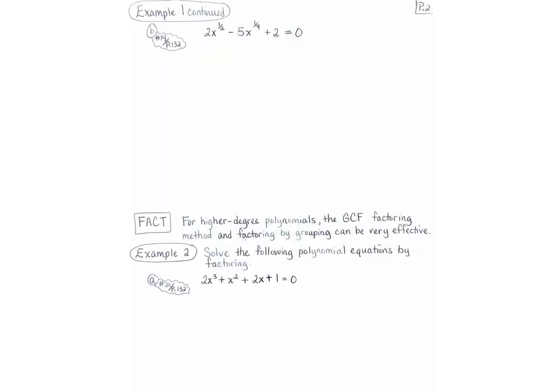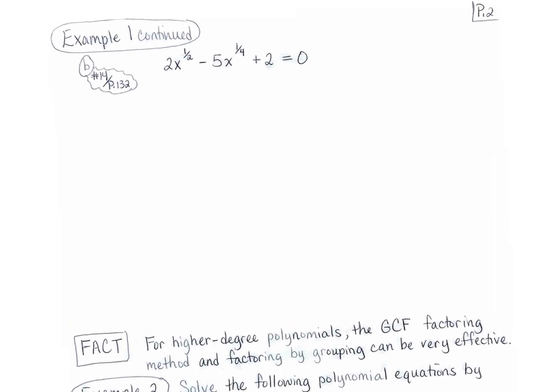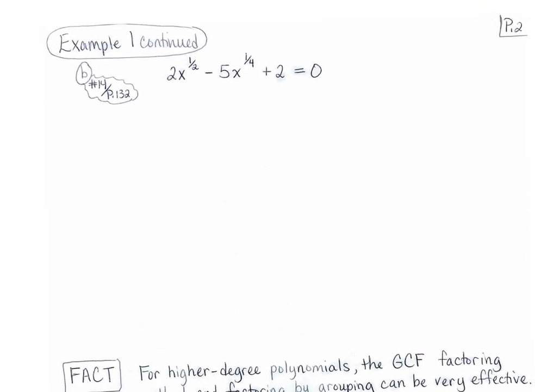Another equation, quadratic-like, but doesn't look like it yet. We have 2 times x to the 1/2 minus 5 times x to the 1/4 plus 2 equals 0. Now, this may look a little different because you have fractions as exponents.